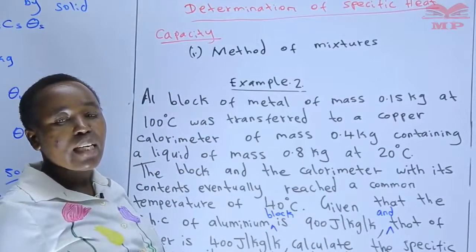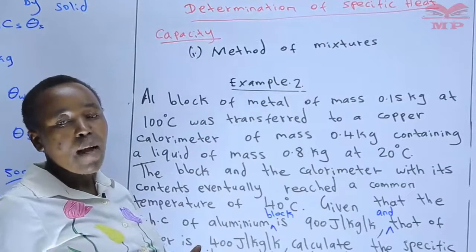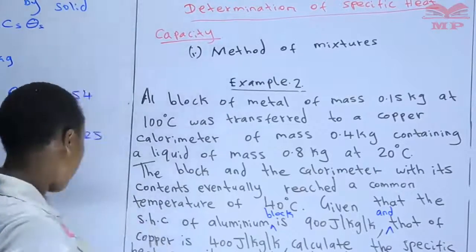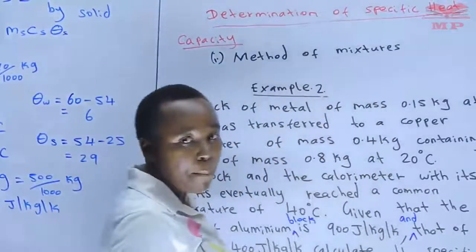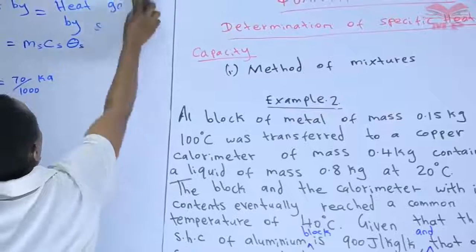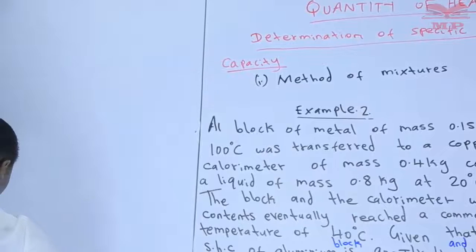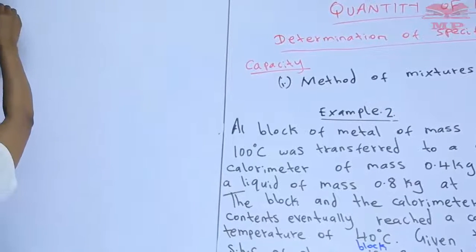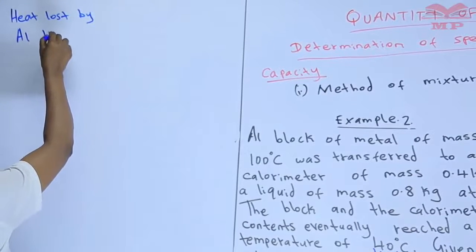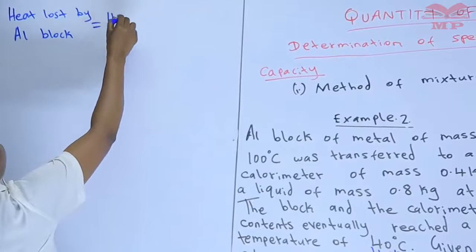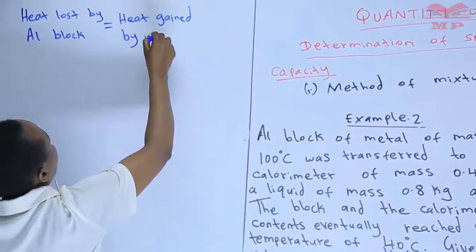So we can start by saying heat lost by the aluminium block is equal to heat gained by the liquid and heat gained by the calorimeter. In this question, the calorimeter does not have a negligible heat capacity. In this, we have to take it into consideration. So we have heat lost by aluminium block is equal to heat gained by water.